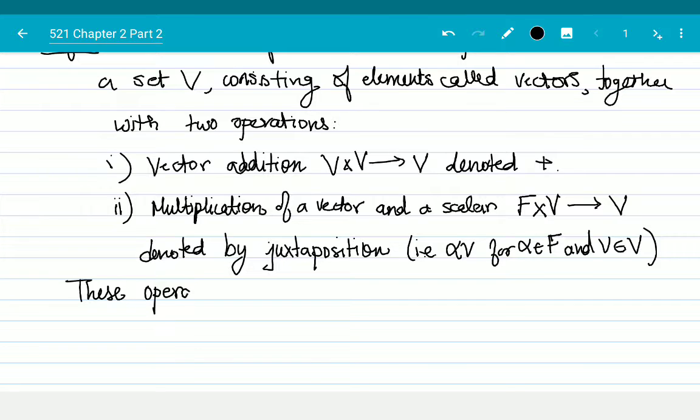Okay, these operations satisfy the vector space axioms.